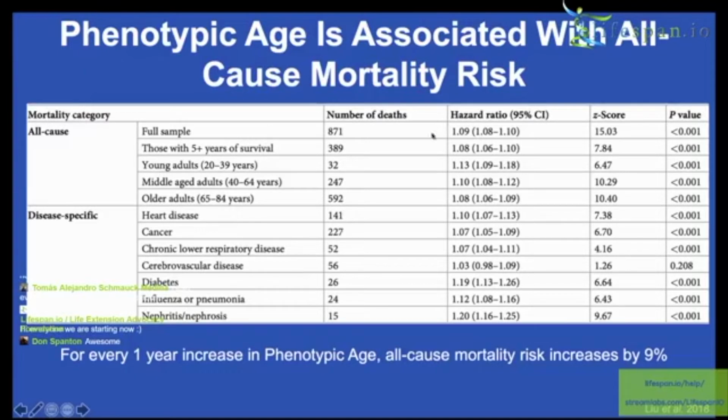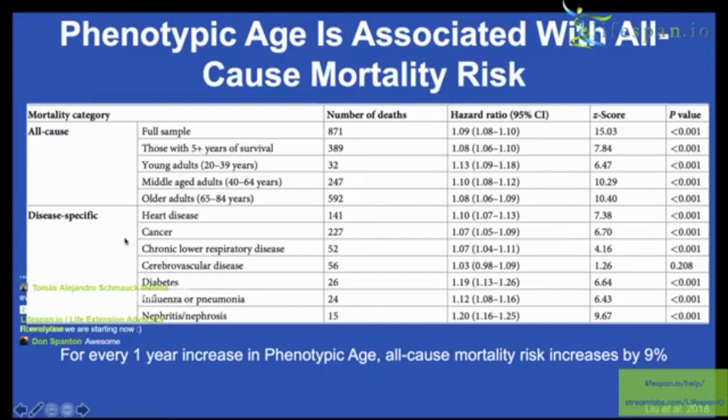You can see that here by looking at all-cause mortality for the full sample: a significant 9% increase for each 1 year increase in biological age. This finding was also true whether it was looking at young adults, middle-aged adults, or older adults. So there was a higher risk of all-cause mortality with a 1 year increase in phenotypic age.